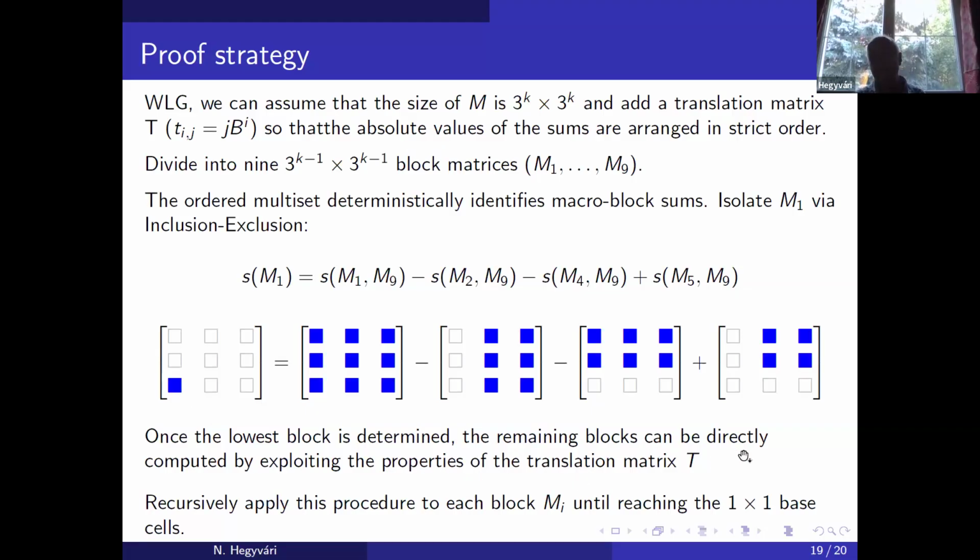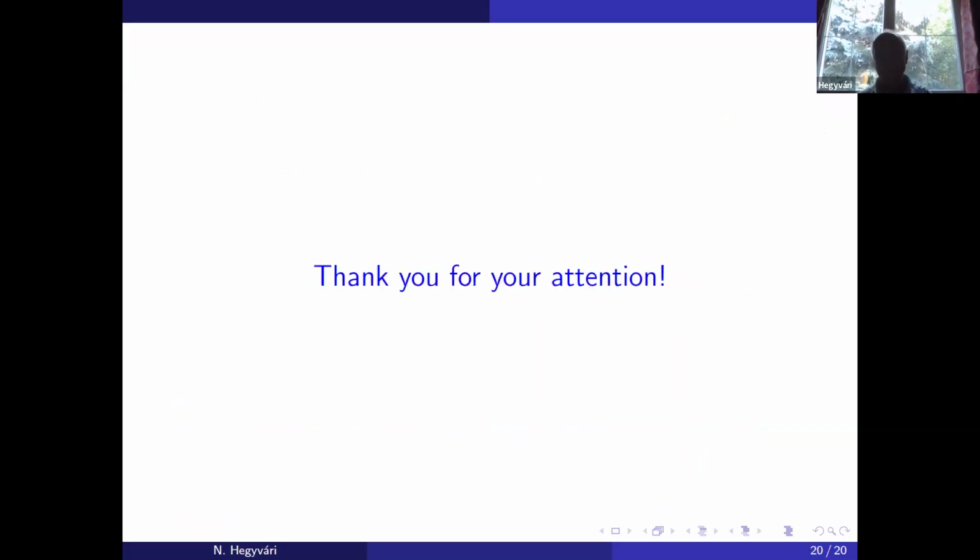And the remaining block can be directly computed by exploiting the properties of the translation matrix. So if it is given, then there is a block sum which is given here. You can find it because of the role of the translation matrix, and recursively, if they are given, we repeat the previous process. Thank you for your attention.